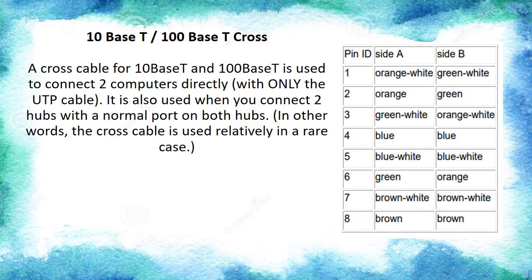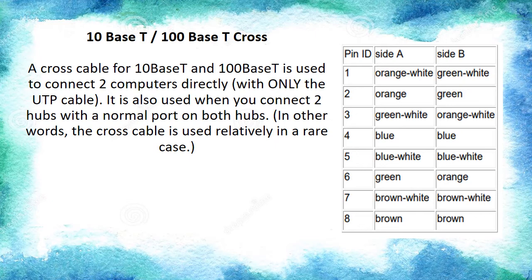Then green-white for side A, then side B orange-white. Then blue for side A and blue for side B, then blue-white, then green, then alternate again, orange, then brown-white, then brown-white, then brown. So these are the color coding for 100 base T cross or 10 base T cross.